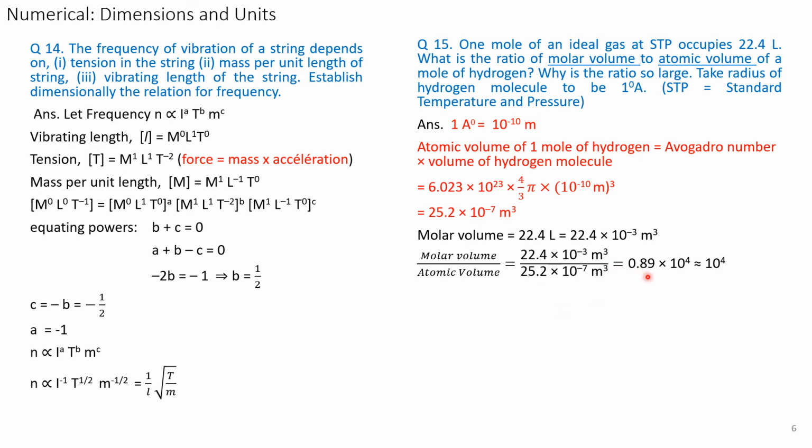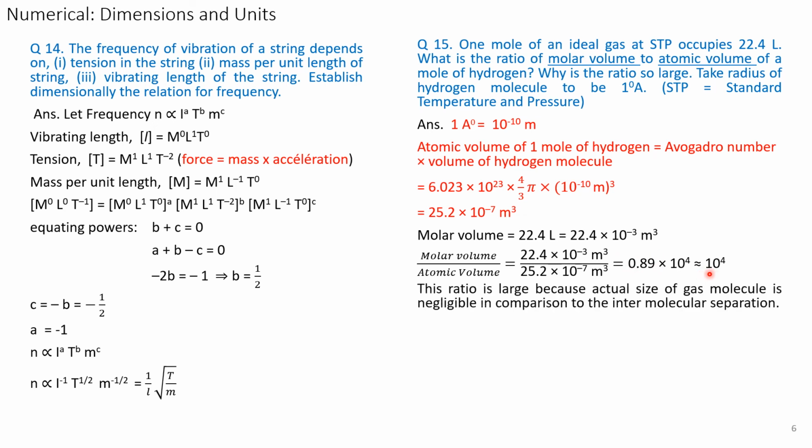That is equal to 0.89 × 10^4, which is approximately equal to 1 × 10^4. That is, the ratio is 10^4. The ratio is large because the actual size of a gas molecule is negligible in comparison to the intermolecular separation.